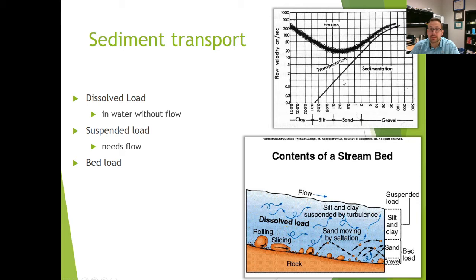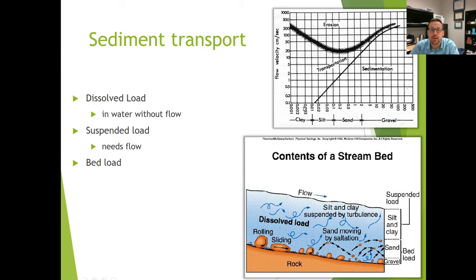And then sand, you don't need as fast of a water, right? And maybe 5 centimeters per second, right? So sand will flow relatively easily. But what this means is that clay, bigger to smaller clay particles, will stay dissolved no matter how fast or how slow the water is going.